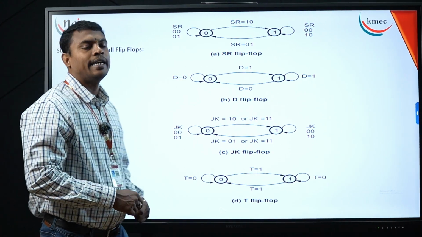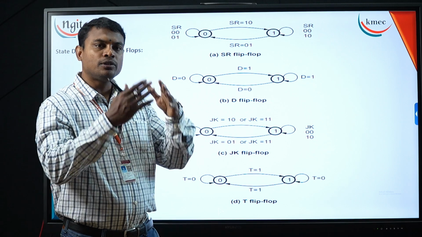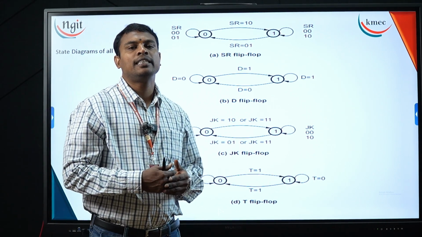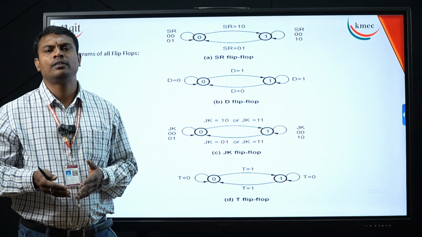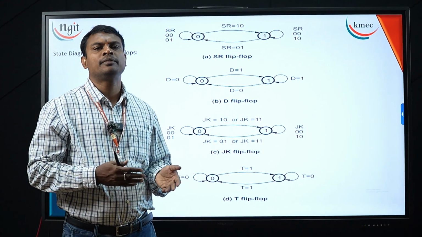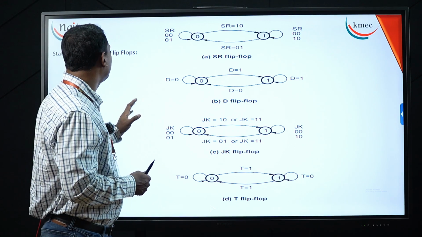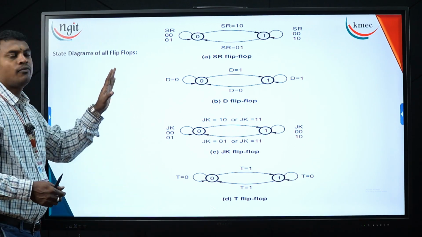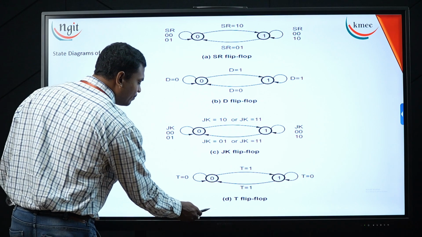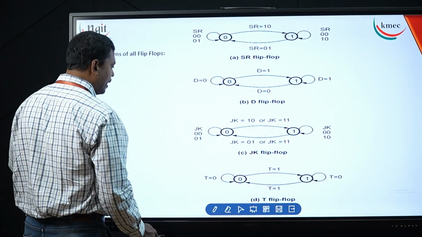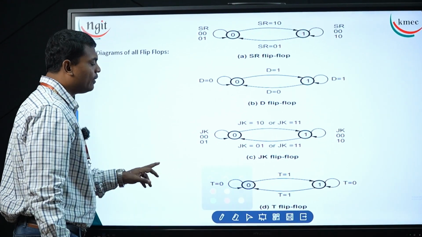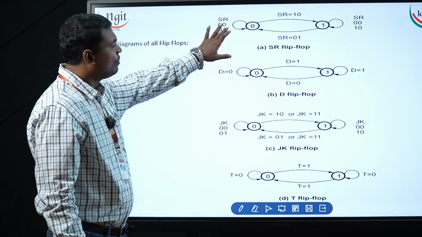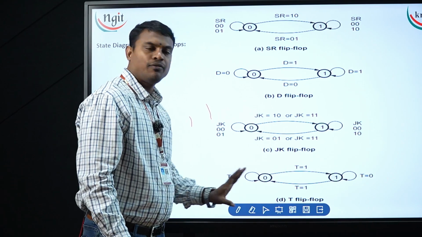Now, the state diagram. As I told you, as part of the basic steps we require in designing these synchronous sequential circuits, we require state diagrams and state tables. These are some of the state diagrams of our flip-flops. As you know, we already have flip-flops: SR flip-flop, D flip-flop, JK flip-flop and T flip-flop.